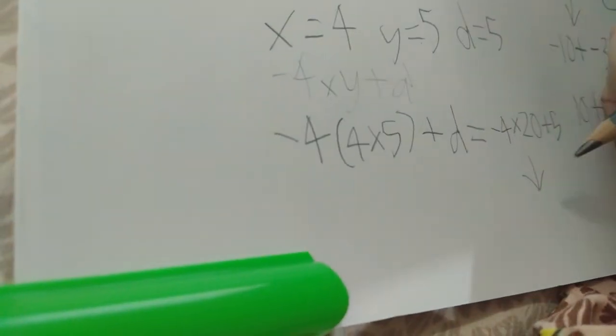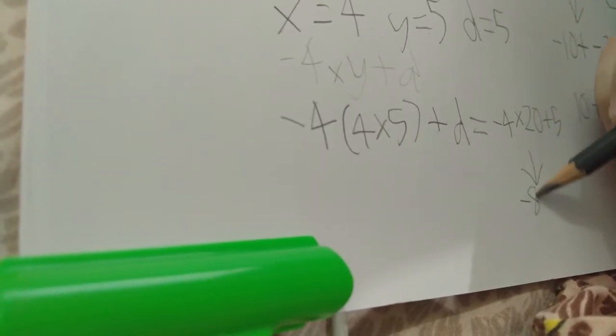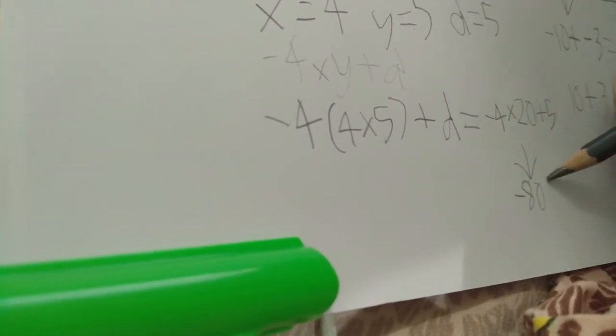This is an easy problem for me. It's negative 80 plus 5, which is negative 75. Negative 75 is my final answer.